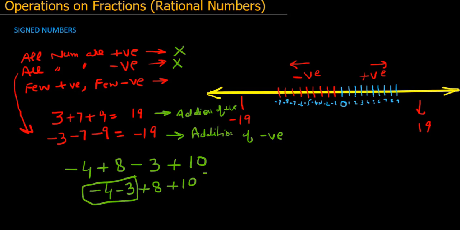And you add all positive numbers together, which is a piece of cake for you. Actually, both are the same. So add 4 plus 3 is 7 and put the negative sign here. And then 10 plus 8, 18 and put a positive sign here. Okay? Very simple. Now you can switch this position if you like. 18 minus 7.